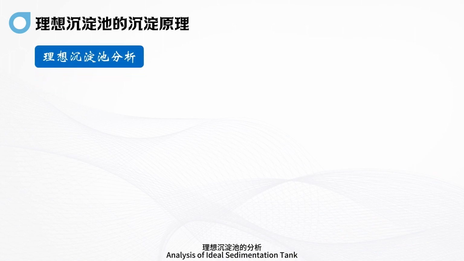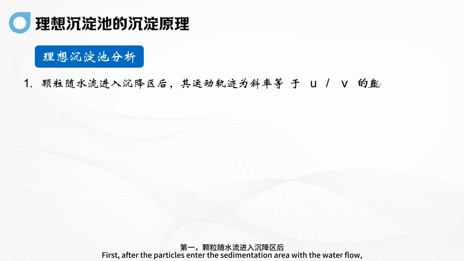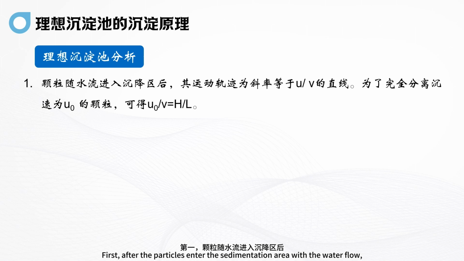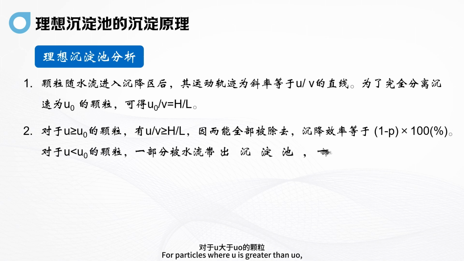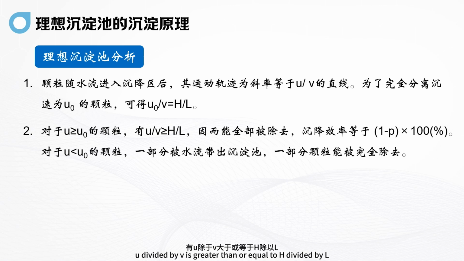Analysis of the ideal sedimentation tank. First, after the particles enter the sedimentation area with the water flow, their trajectory is a straight line with slope U divided by V. In order to completely remove particles with precipitation rate U0, we get U0 divided by V equals H divided by L. For particles where U is greater than U0, U divided by V is greater than or equal to H divided by L, so they can be completely removed.